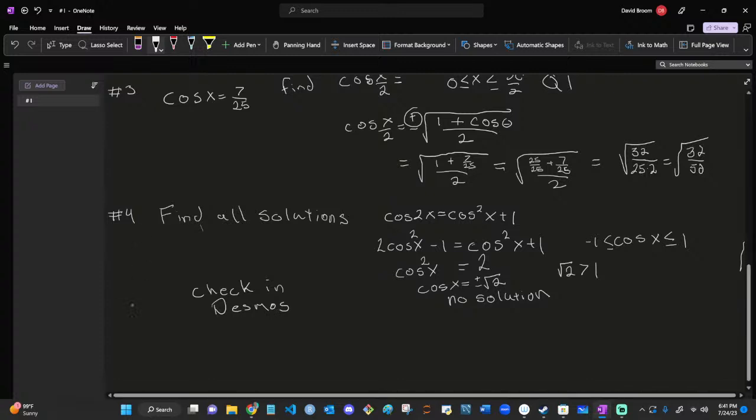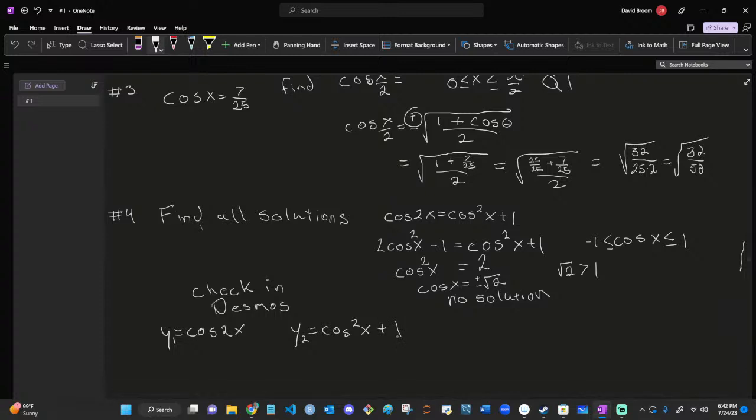So what you do in Desmos, just to check, you just do one function, y equals cosine 2x, and then you do another function, y2, which would be the other side of the equation, cosine squared x plus 1.